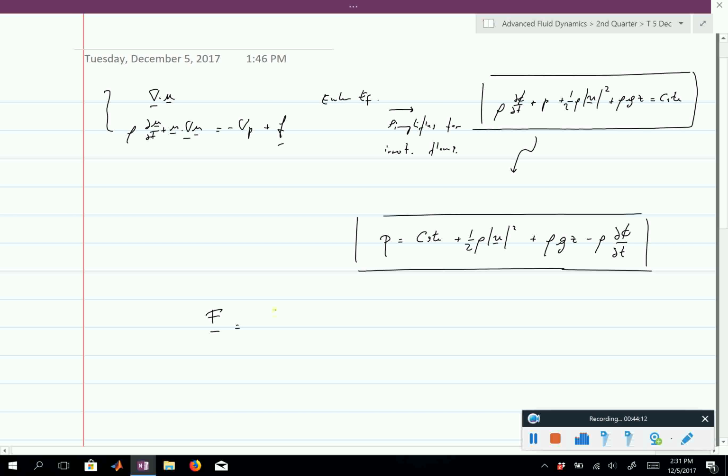is going to be equal to the double integral over the surface of my pressure, right, minus P n dS.